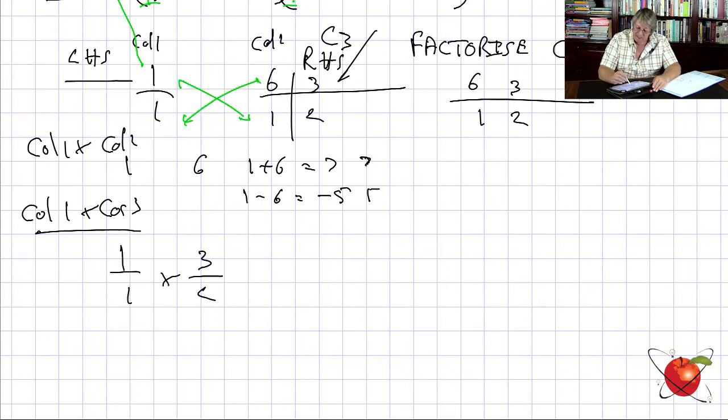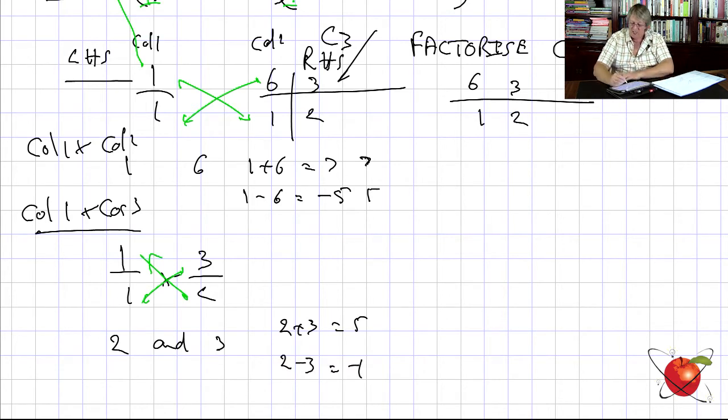Same thing. Cross multiply. That gives us 2 and 3. So it's 2 plus 3 is equal to 5, and 2 minus 3 is equal to minus 1. So it's either a 5 or a 1.